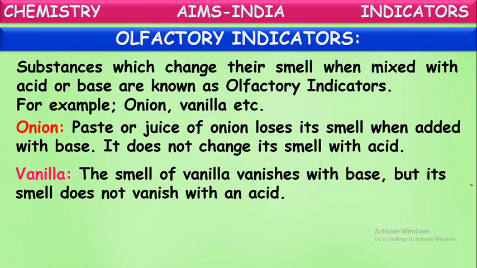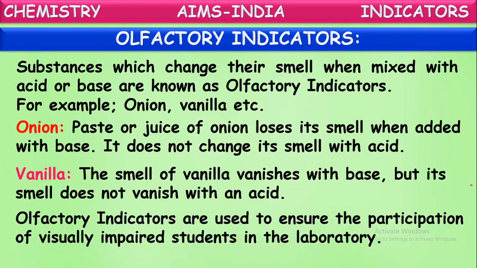Yes, even vanilla has some smell. It will lose its smell when added to bases. It will keep the same smell even after adding acids. In this way, they show a difference in smell when added to bases or acids. So these are called olfactory indicators.